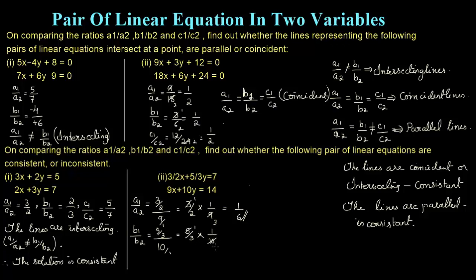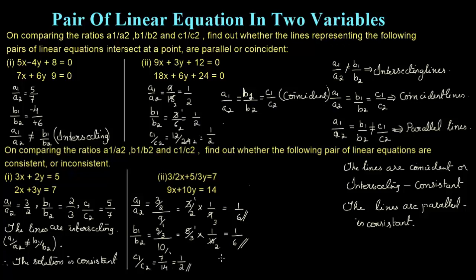So 5 ones are 5, 5 twos are 10, and here 1 ones are 1, 3 twos are 6. So you got the value of this one also equal. Now find out c1 by c2. C1, you can observe, is 7 divided by 14. So 7 ones are 7, 7 twos are 14.